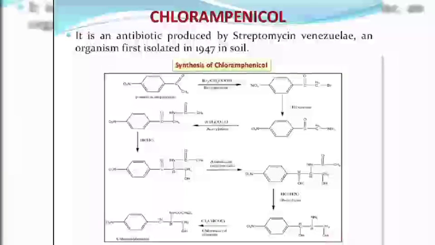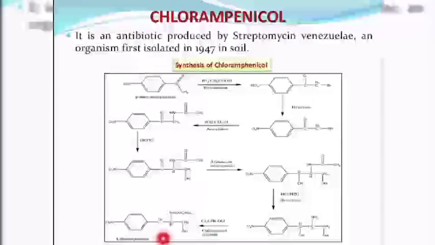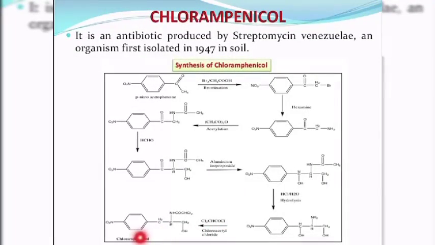Then the keto moiety is reduced with aluminum isopropoxide to obtain the DL form of the product, which on treatment with HCl forms the chloramphenicol base in DL form.